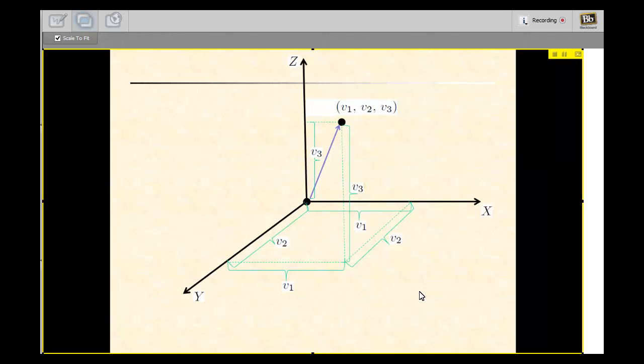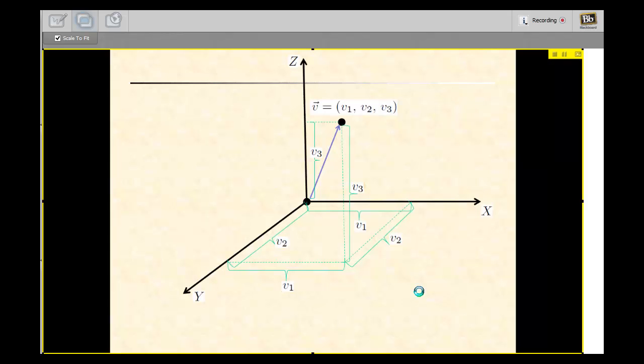Similarly, what happens if we put a vector over there from 0, 0 to that point? That is called a vector from 0, 0 to that point, v1, v2, v3.